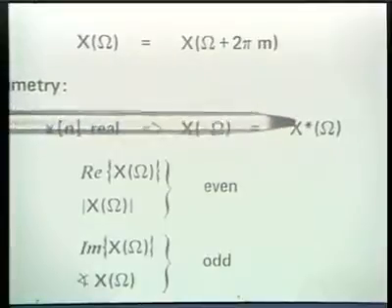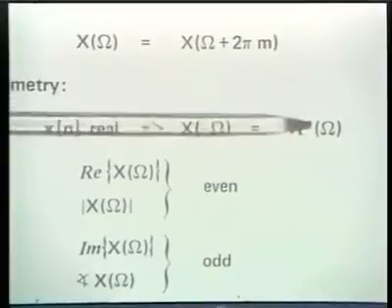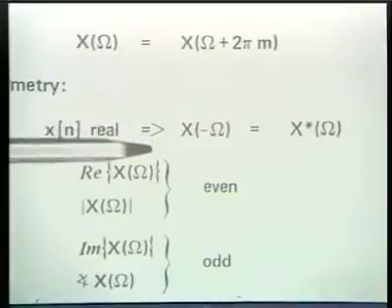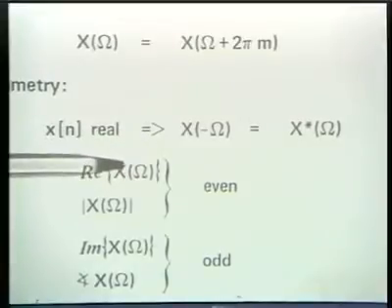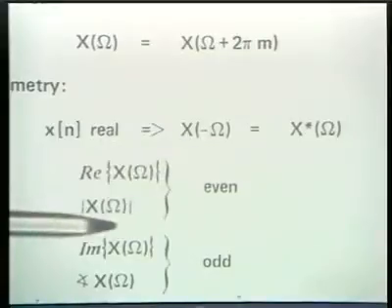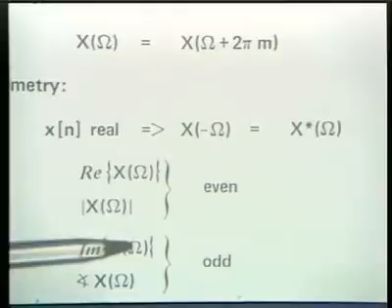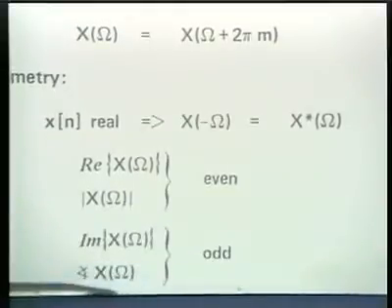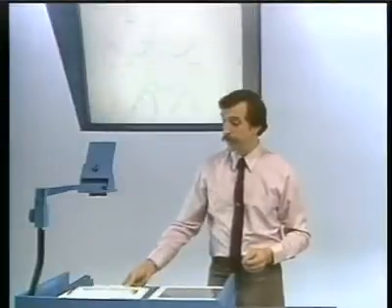As a consequence of this conjugate symmetry, the real part and the magnitude have an even symmetry, whereas the imaginary part and the phase angle are both odd symmetric. And these are symmetry properties that are identical to those we saw in continuous time.